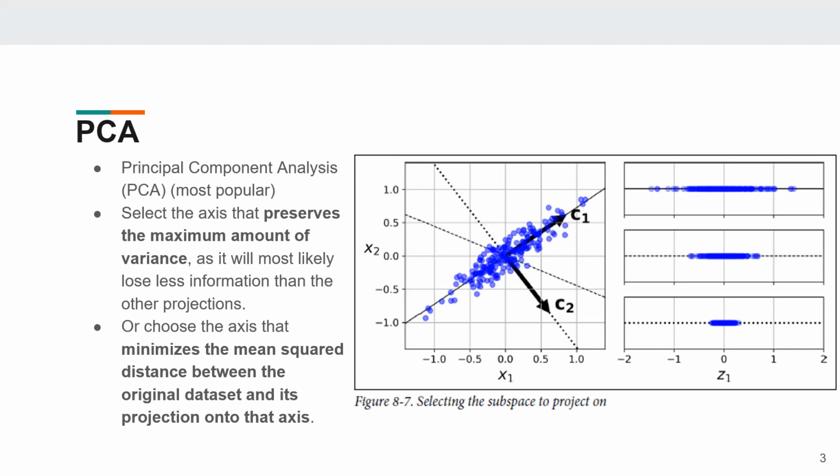For PCA, we want to find a direction so that you would be able to project all your observations onto those directions. We're talking about two-dimensional to one-dimensional space here, but in theory, it could be 100 dimensions to 55 dimensions. Okay, let's look at how you can do that in PCA.